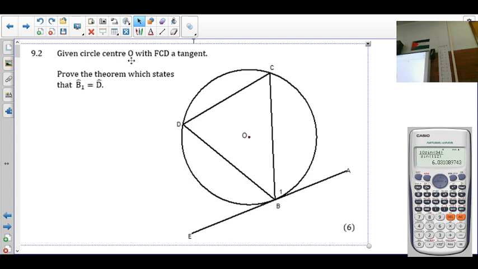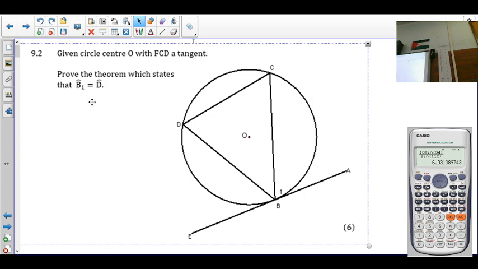It's actually EBA is a tangent. Okay, so that word is wrong there. Just change it on there. I'll change it on the copy again. But that's supposed to have been a tangent.